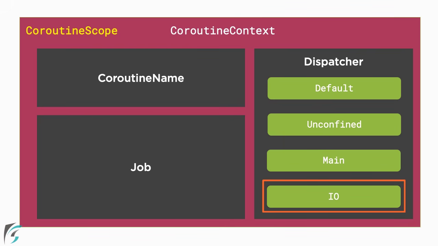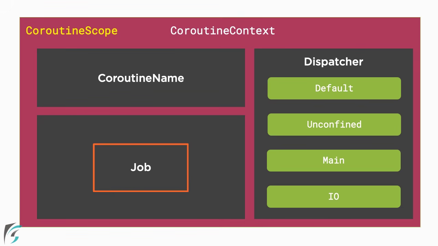We will discuss these two dispatchers in a separate Android tutorial, because it is in Android where we will use UI components and do some IO operations. So for now, don't worry much about them. So for the dispatcher, just remember it is the dispatcher which decides on which thread your coroutine will execute. Fine.